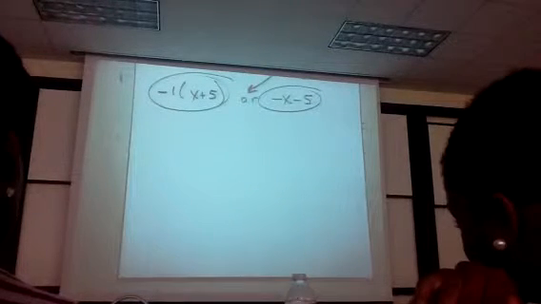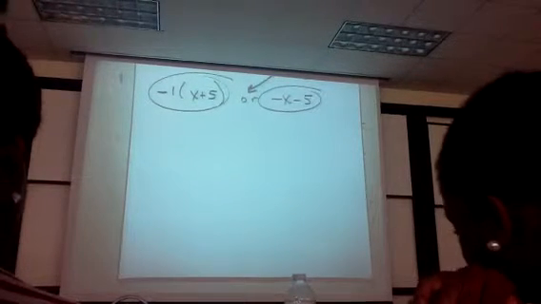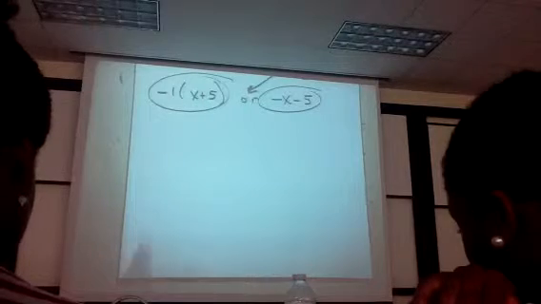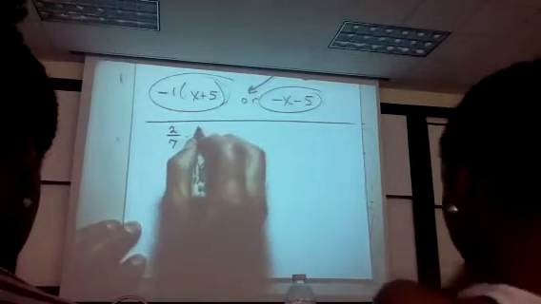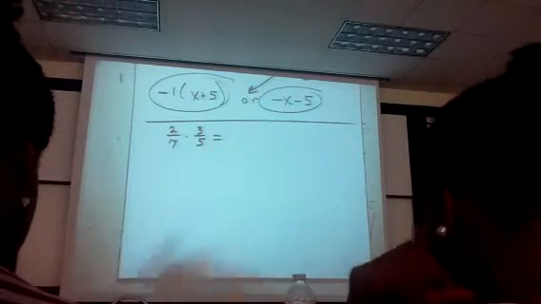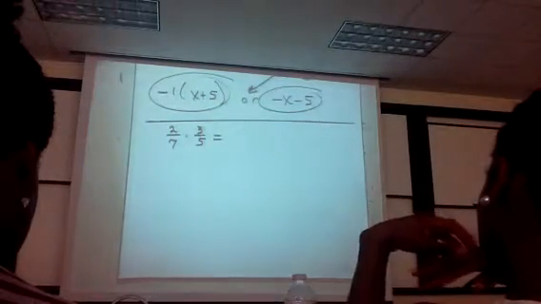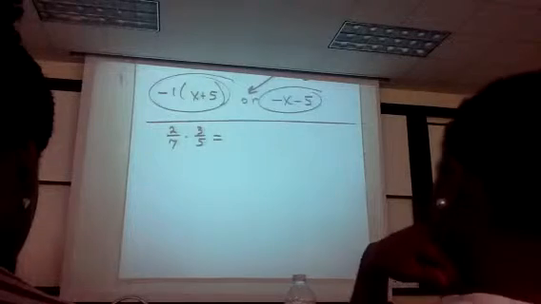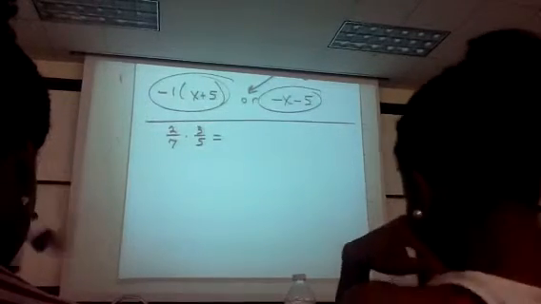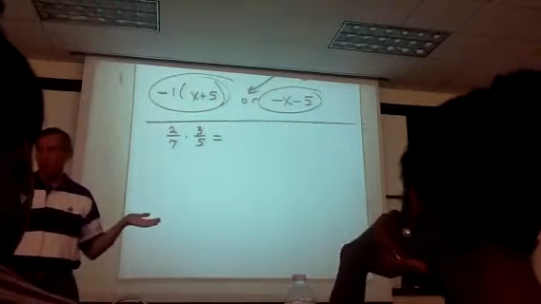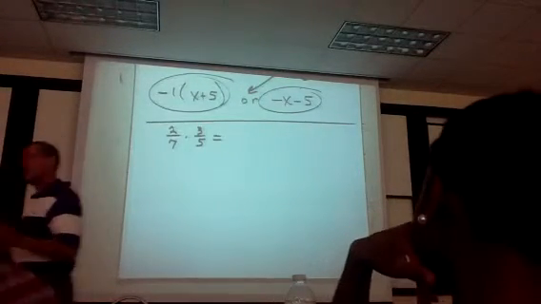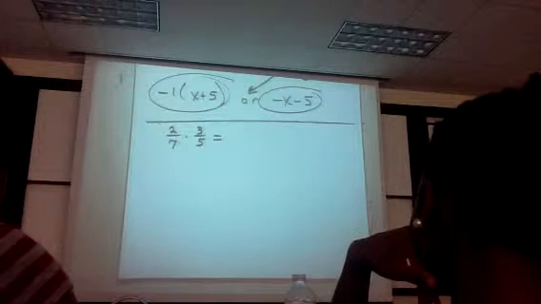Let's introduce the concept of multiplication. Now, let me just remind you. Can I multiply those two fractions? How many think I can? Absolutely can. Yes, you're right. I can multiply any fractions at all. You don't have to have the same denominator to multiply fractions.